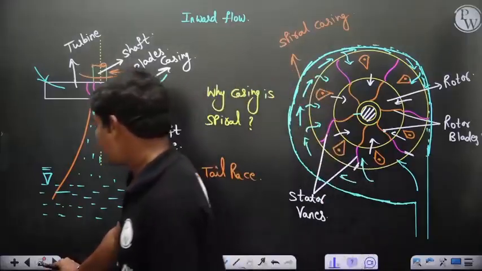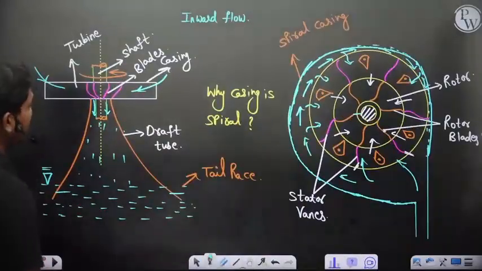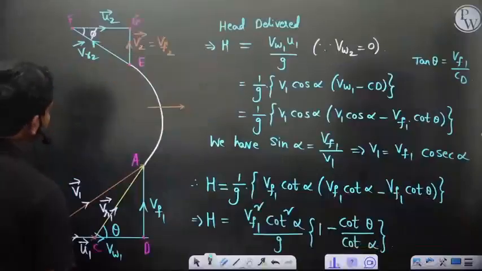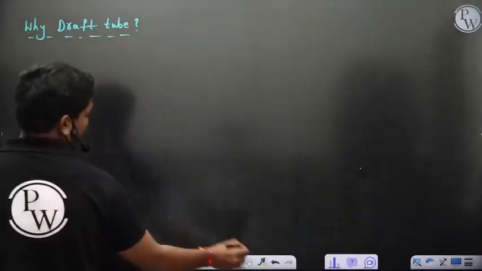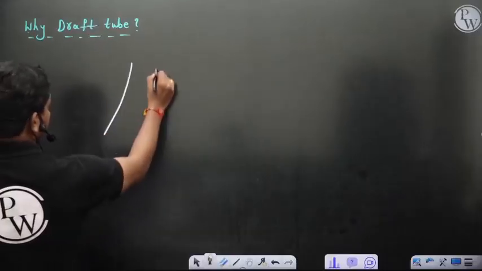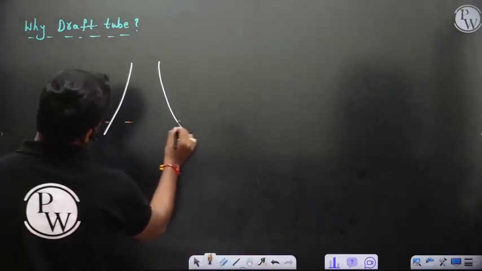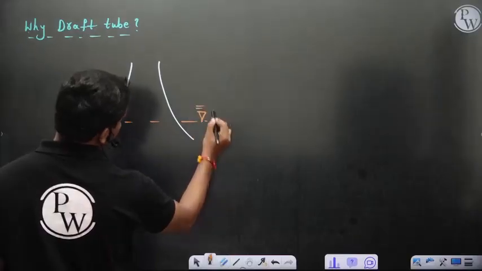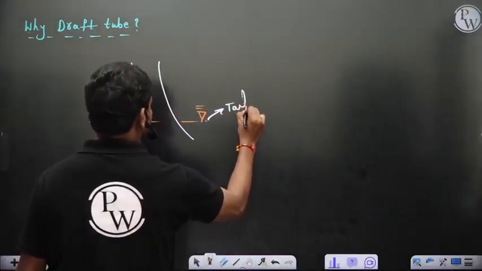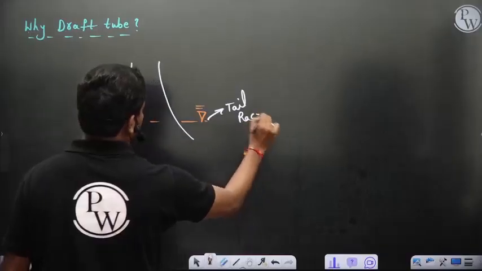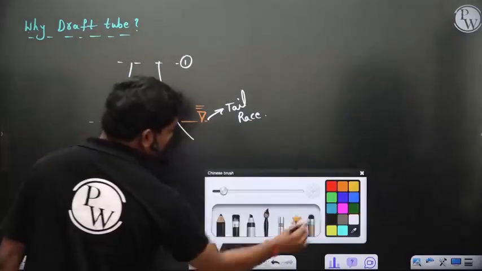So practically what happens is, look, I'll draw the draft tube once again here. There are types in this again, of course. So this is the tail race. Let's call this point 1.